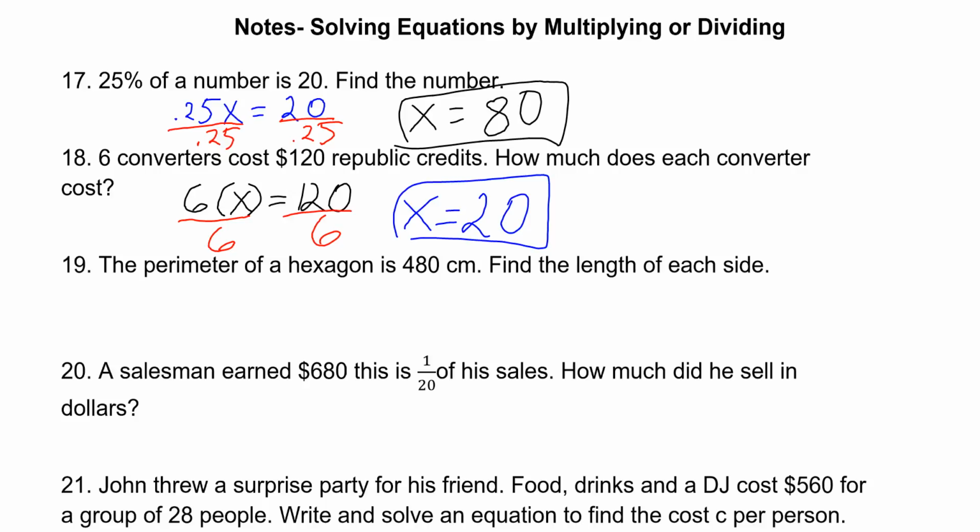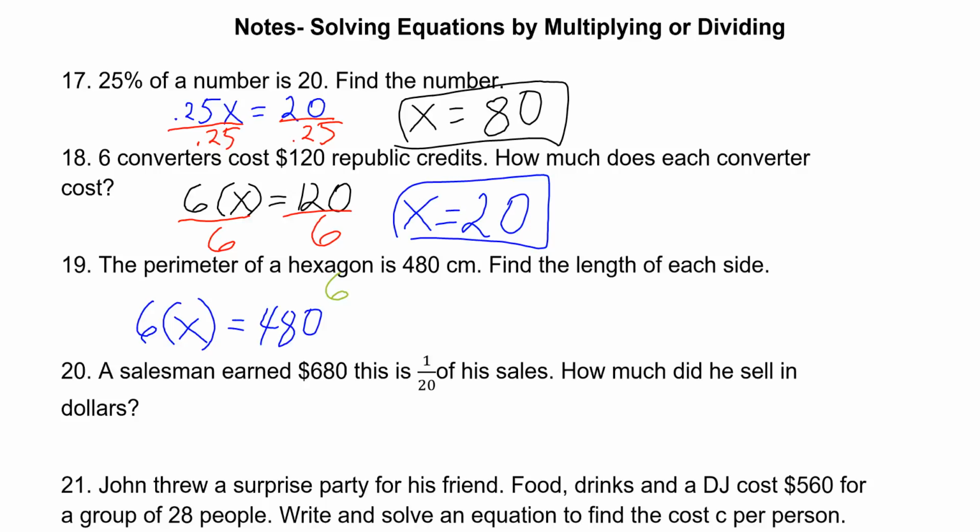Now, the perimeter of a hexagon is 480 centimeters. Find the length of each side. Now, if we remember correctly, hexagon means 6. So we know that that's going to be 6 times x equals 480.